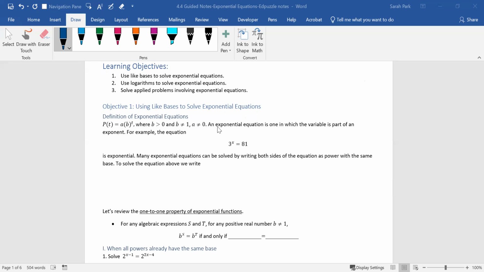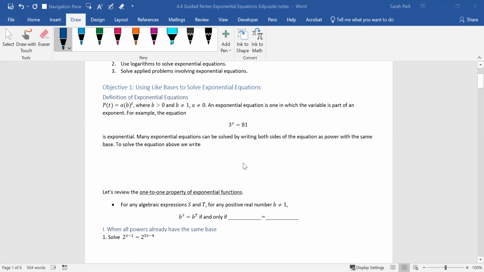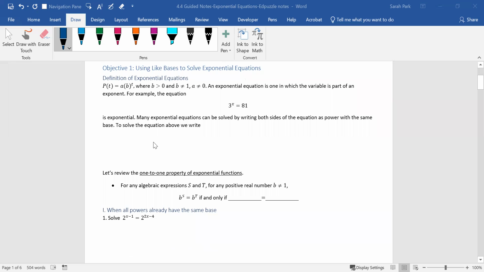An exponential equation is one where a variable is part of the exponent. So for our first example, we have the exponential equation 3 to the x power equals 81. And this is exponential because our x is in the exponent, the variable is in the exponent.